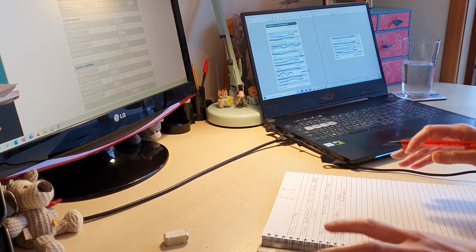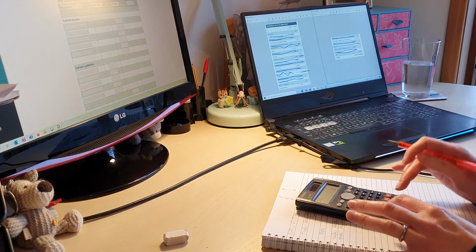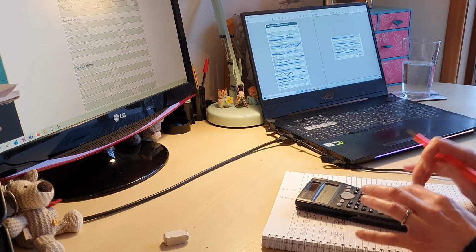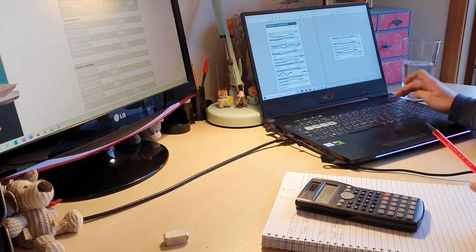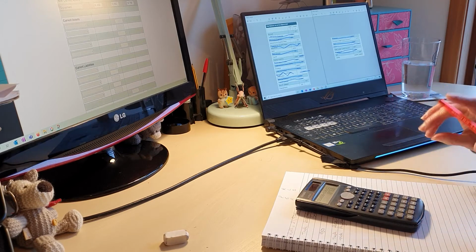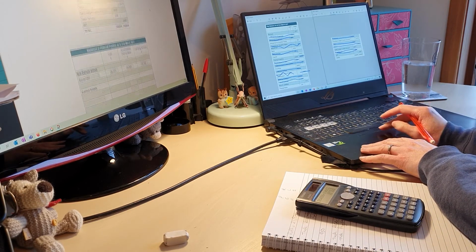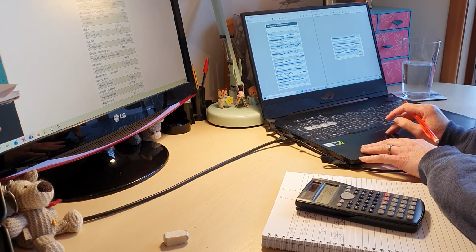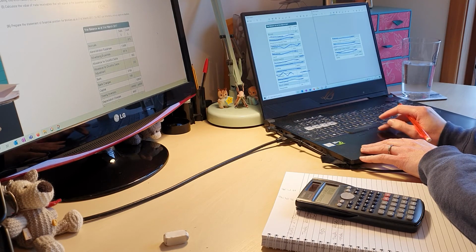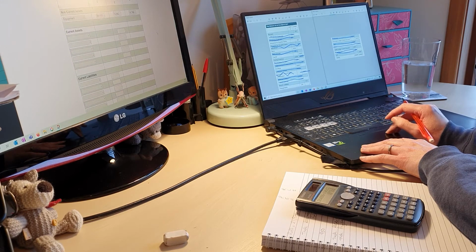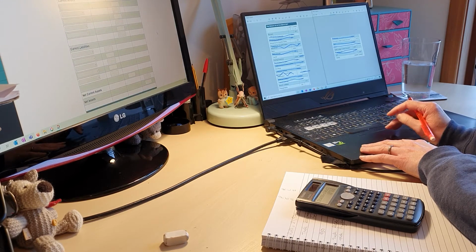Carrying amount. So we've got the 38450 minus 19682, which is 18768. That's too far.